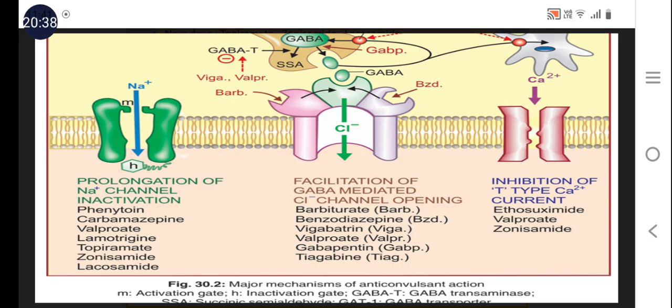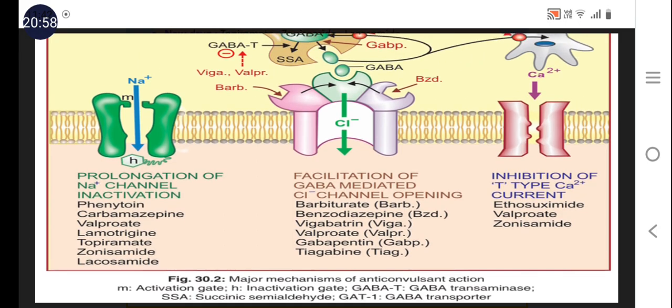Three mechanisms are involved in the anti-epileptic drugs: prolongation of the inactivation of the sodium channel, facilitation of the action of inhibitory neurotransmitters like GABA, and inhibition of the T type of calcium channel. Along with that, the excitatory neurotransmitter should be inhibited, the inhibitory neurotransmitter should be promoted, and the inactivation of the sodium channel should be prolonged.